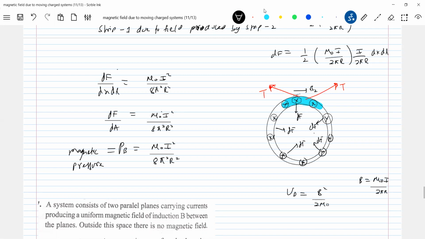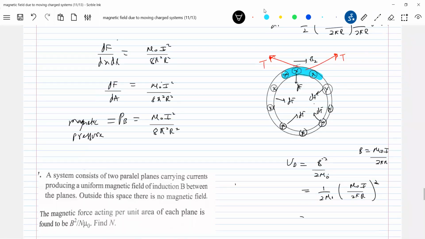Substitute that. You will end up with the answer very easily, no? 1 by 2 mu naught, I by... then how much will you get? Mu naught I square by 8 pi square r square. It's over. A pipe will contract or expand.